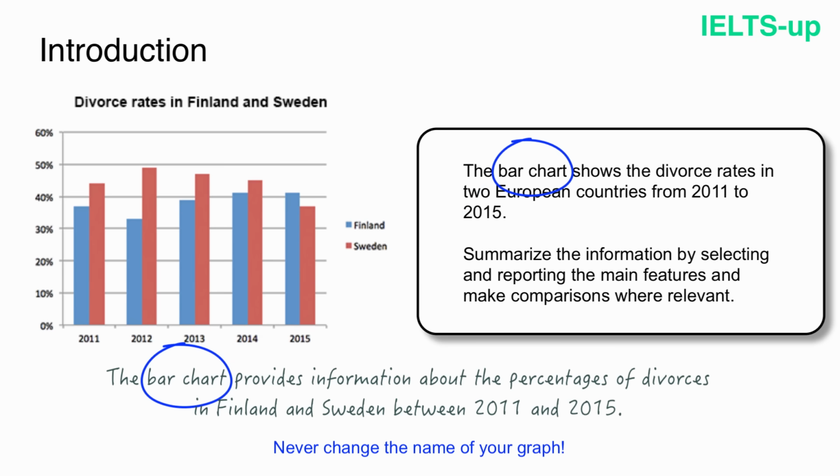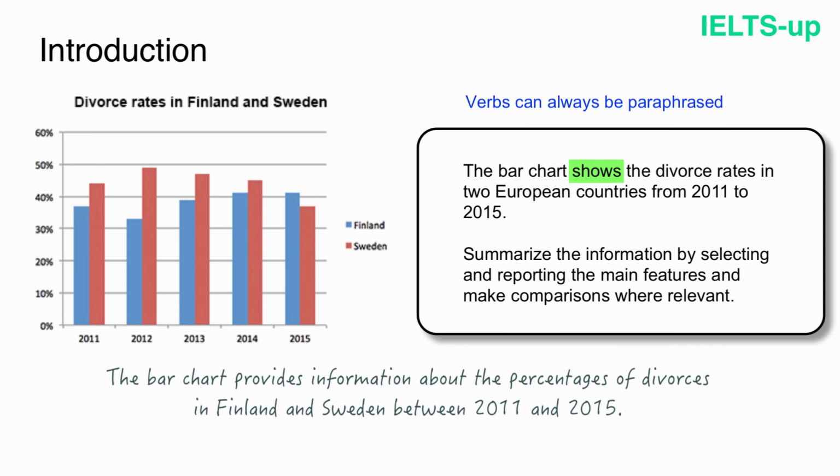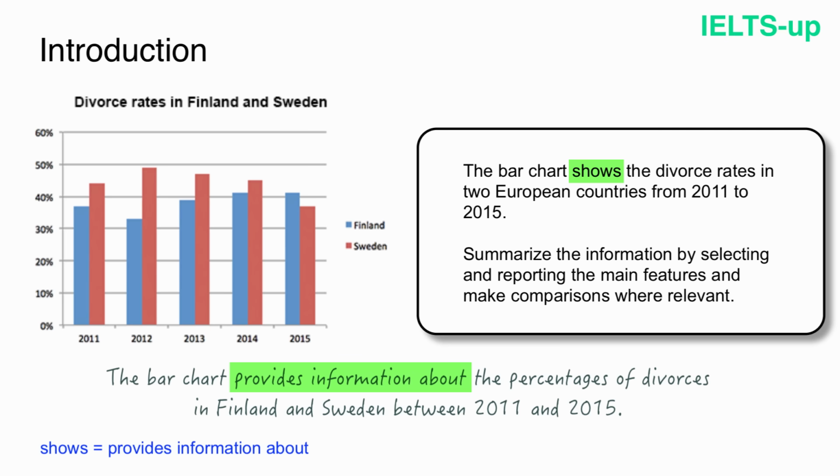Remember, table is a table, bar chart is a bar chart, and line graph is a line graph, so I kept the bar chart. Next we have the verb shows, and verbs can always be paraphrased. In our case, the verb shows was replaced by provides information about. We could also use such synonyms as represents or illustrates.